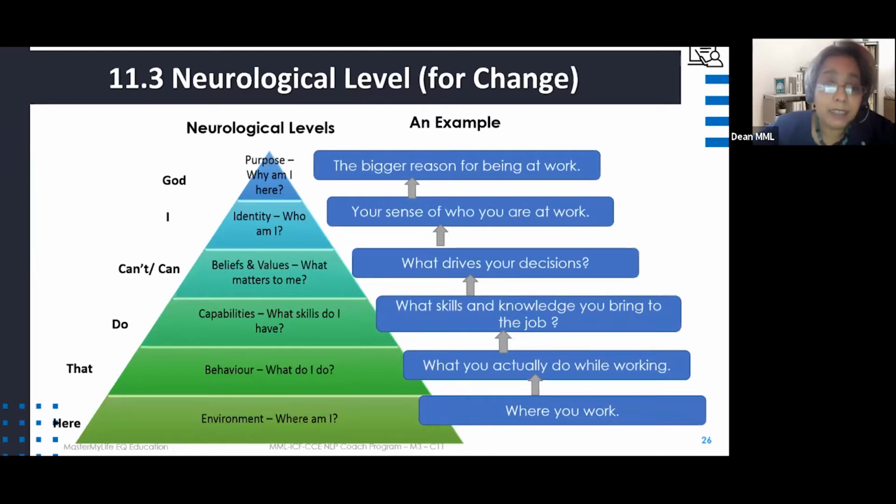Identity questions are about, so now that you have become this new manager, with these responsibilities, how do you see yourself? If I were to ask you to describe yourself in 3 words, what would you say?